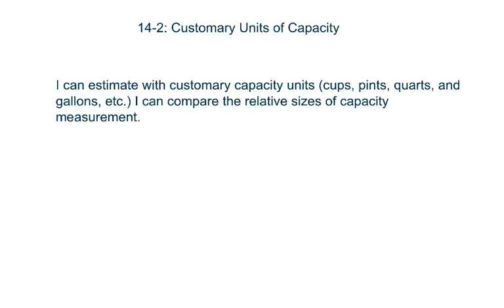With your parents' permission, I would recommend today or this weekend going into your kitchen and taking out several of these units of measure, and if possible, using water to fill up the various units of measure to help you visualize exactly how much capacity each holds.